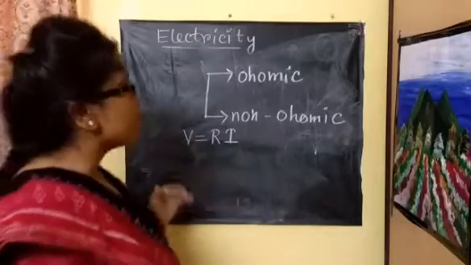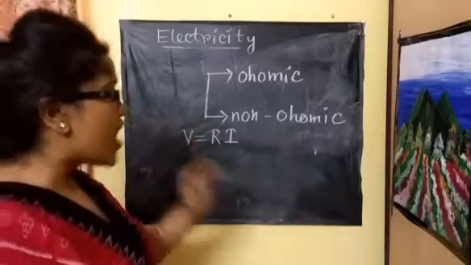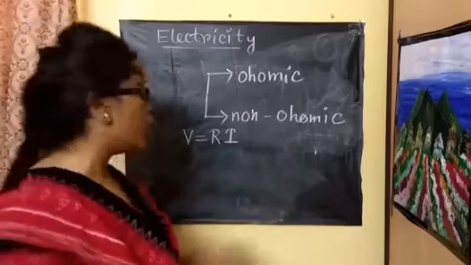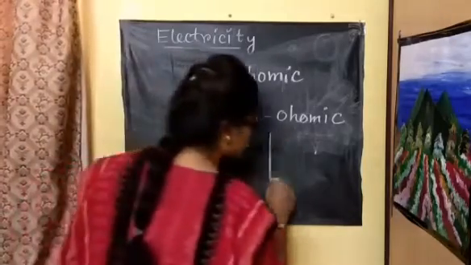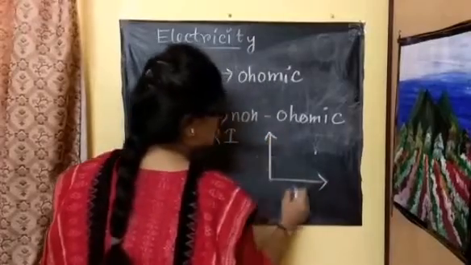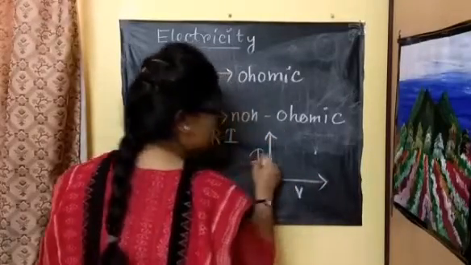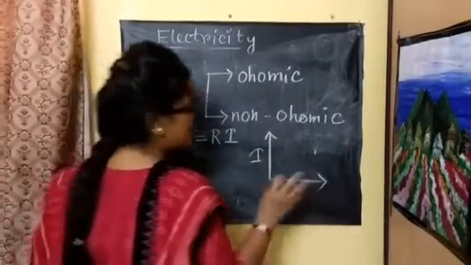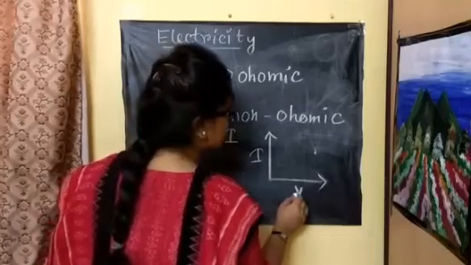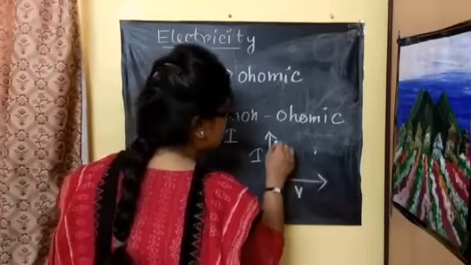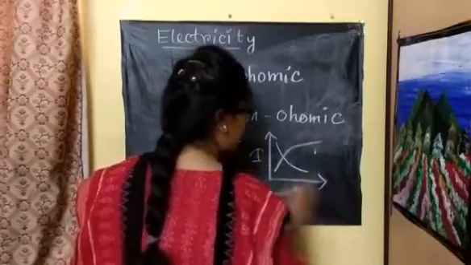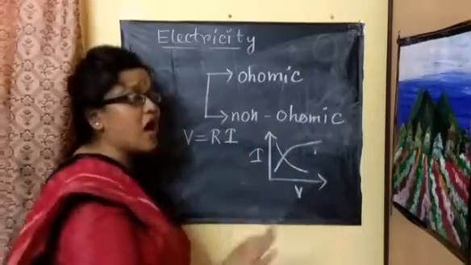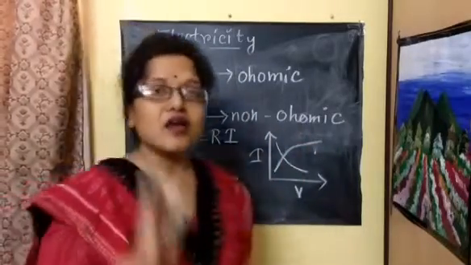There are also a few conductors that do not linearly follow the ohmic equation. Their curve might be like this, where this is voltage and this is current. It might be that if you increase voltage, their current will decrease, might be like this or like this, anything which is a non-linear relationship.